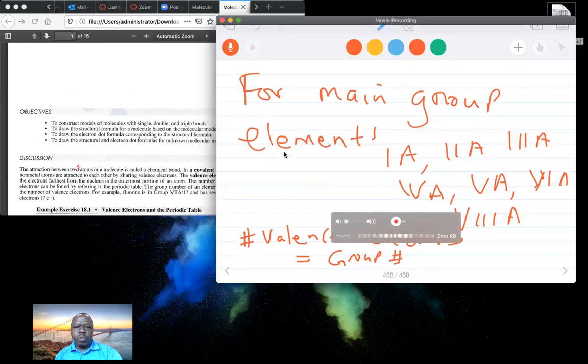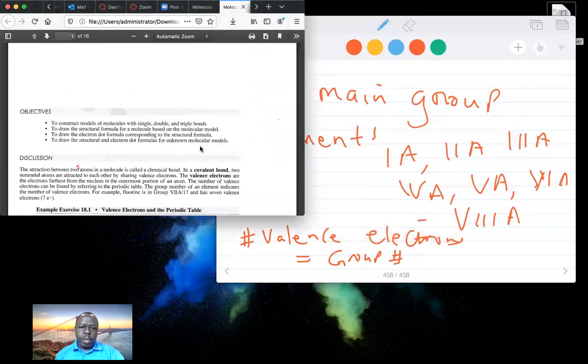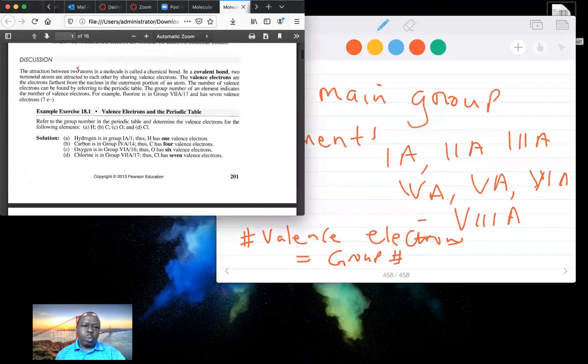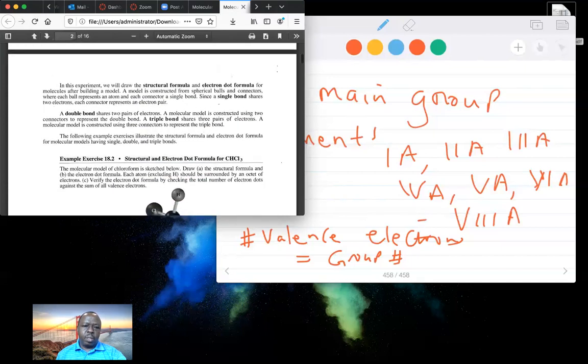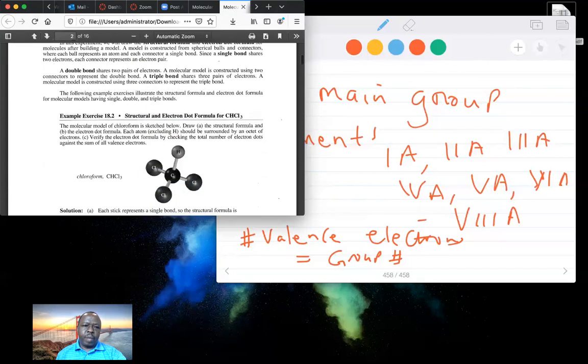That's how you use the periodic table to predict the valence electrons. Anything in group 1A or the main group, the A's on the periodic table, we call main group, and you can use that to determine the valence electrons.